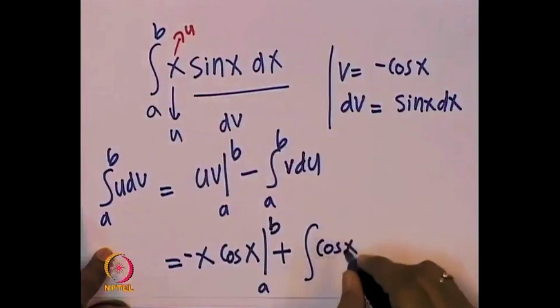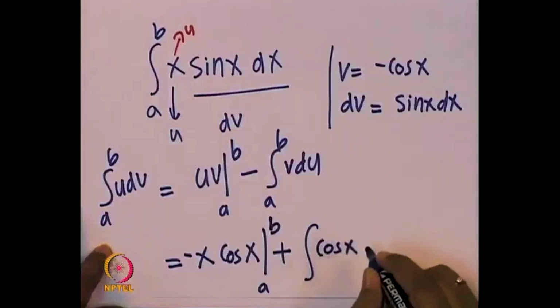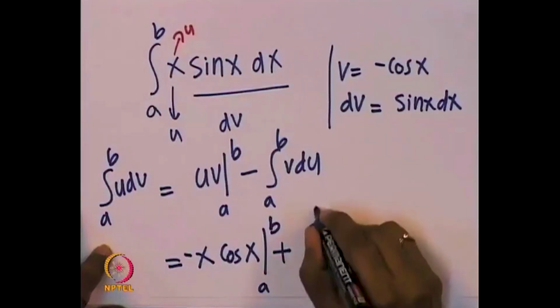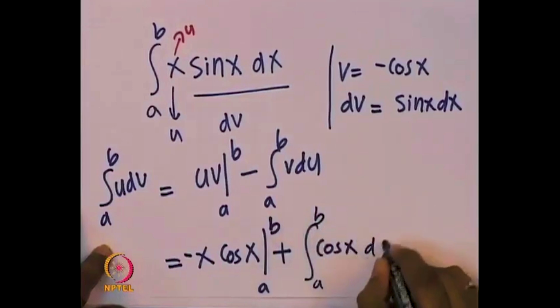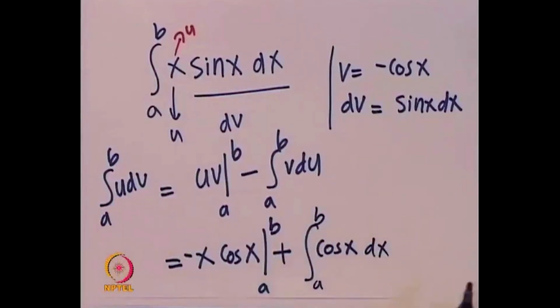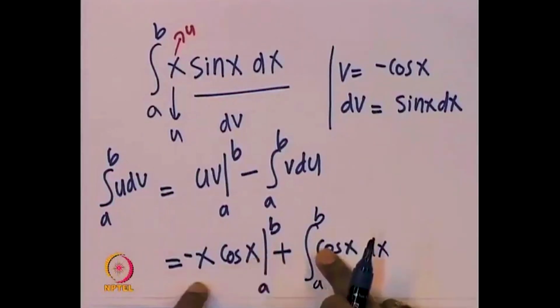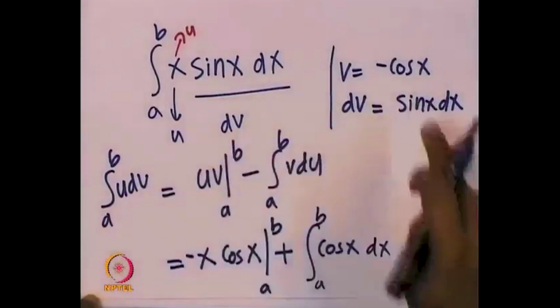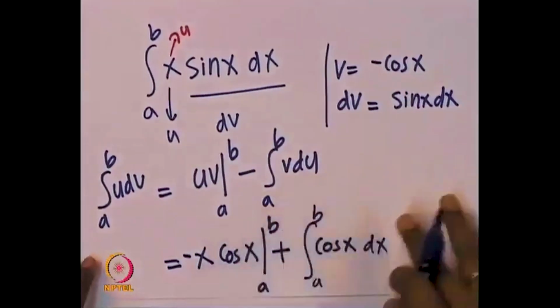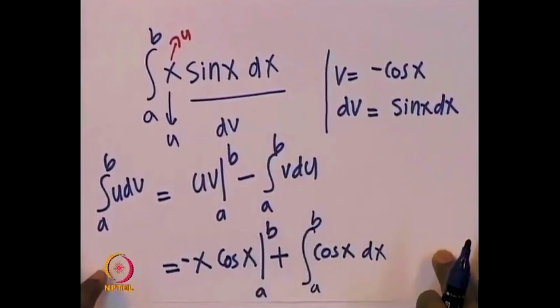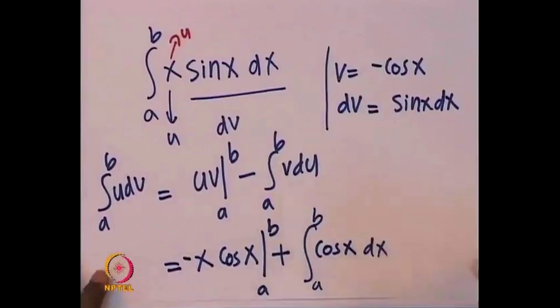So, this is nothing but the integral of cos x dx from a to b, for which we already know the answer. So, this integral can be easily done. This is the trick of doing this integral, and we will use this idea in the coming lectures.